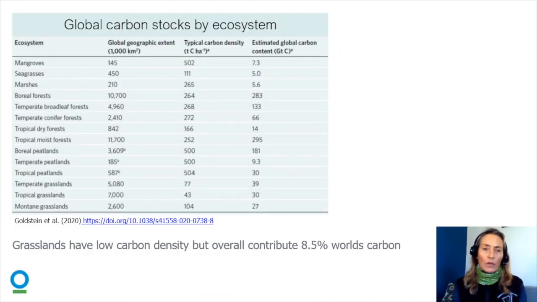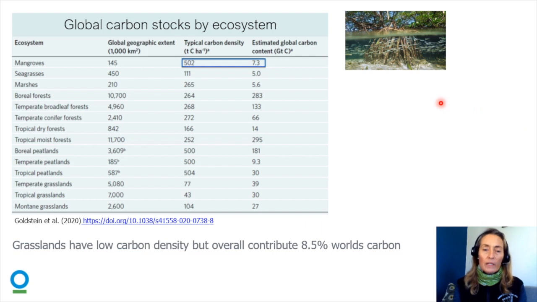But if we look at global carbon stocks by ecosystem, and I think many of us have heard that the carbon density, the amount of carbon per unit area, in mangroves is quite high.